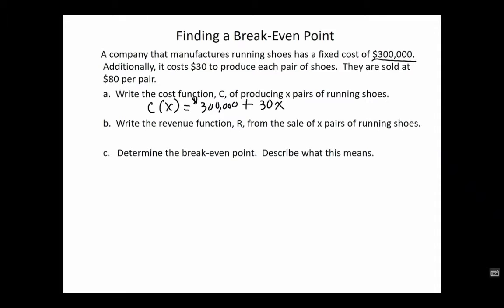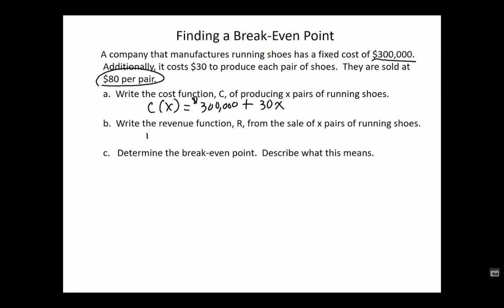In part B, we want to write the revenue function R from the sale of X pairs of running shoes. We recall that the revenue is the price per unit sold, and the running shoes were sold at $80 a pair.